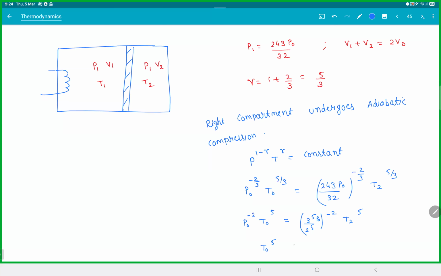We'll end up with T naught power 5, 3 by 2 whole power 5 minus 2, and T2 power 5. That 5 also will go off. Then you end up with T2 is equal to T naught into 3 by 2 whole square, which is 9 T naught by 4. You can check out the working.